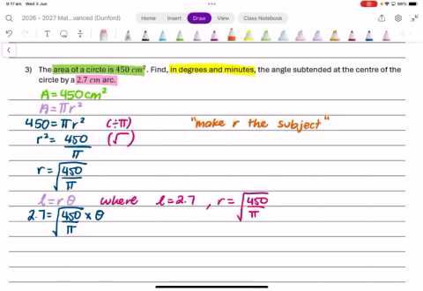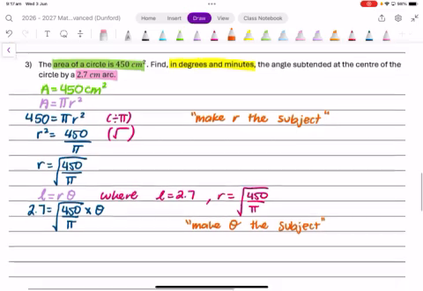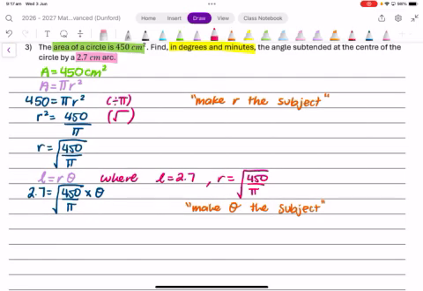From here, we want to make theta the subject. How we make theta the subject is we divide by the square root of 450 on pi. So what we'll have is that theta equals 2.7 divided by the square root of 450 over pi.